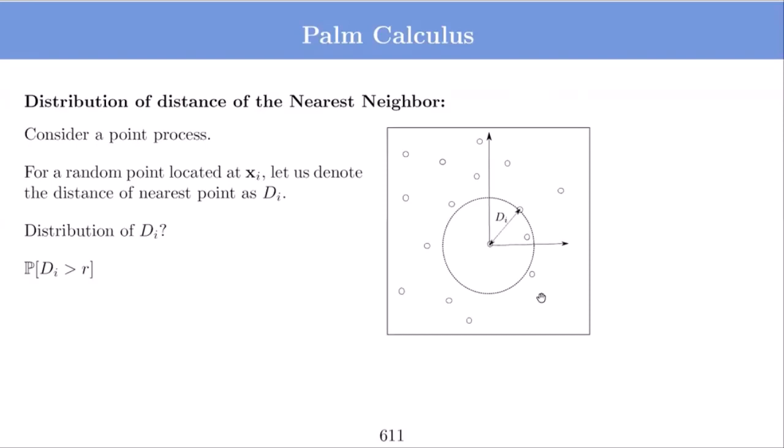Suppose there is a point process, and you have different points. You pick one point randomly, which is located at xi. Let us denote the distance of the nearest point from this point xi as di. So you find the nearest point, and the distance would be di. So the question is, what will be the distribution of di?